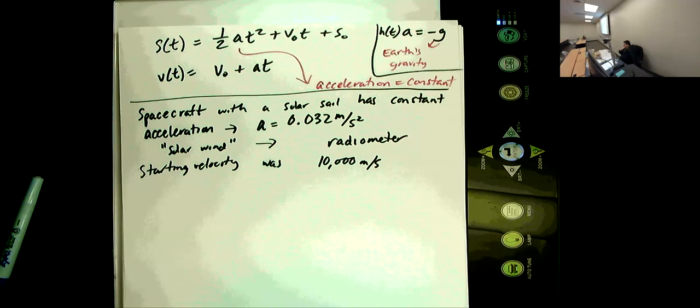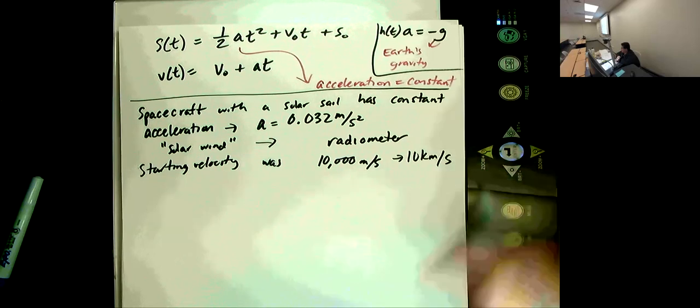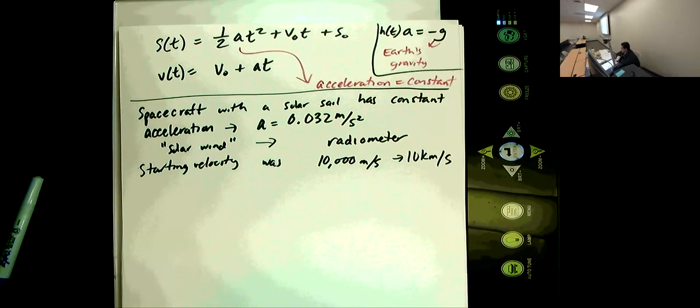That's pretty fast. 10,000 meters per second is the equivalent of 10 kilometers a second, which is really fast. Kilometers, what, like close to 2 miles, or am I doing that backwards? So you're looking at, either way, even if it was miles per second, just think 10 miles per second.